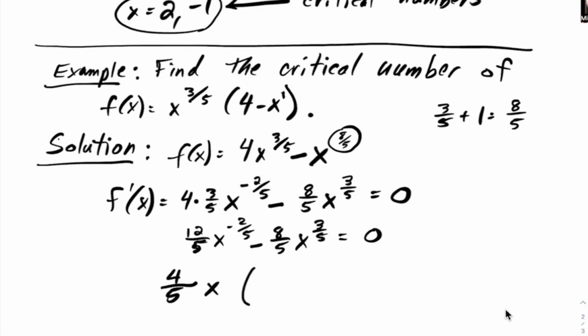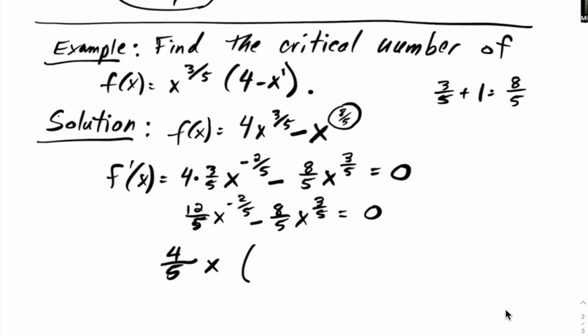So what's the exponent I want to factor out? Well, I look at my two fractional exponents and I want to factor out the smallest exponent. This is what you usually do when you factor something out, right? Let's suppose I had 3x to the 4th minus 9x cubed.